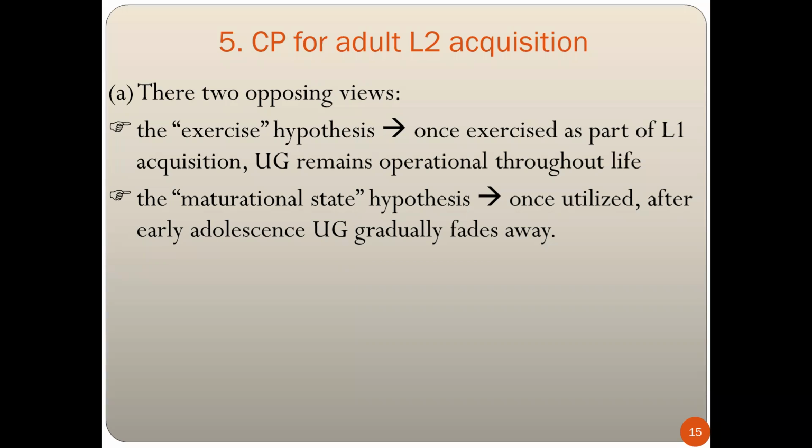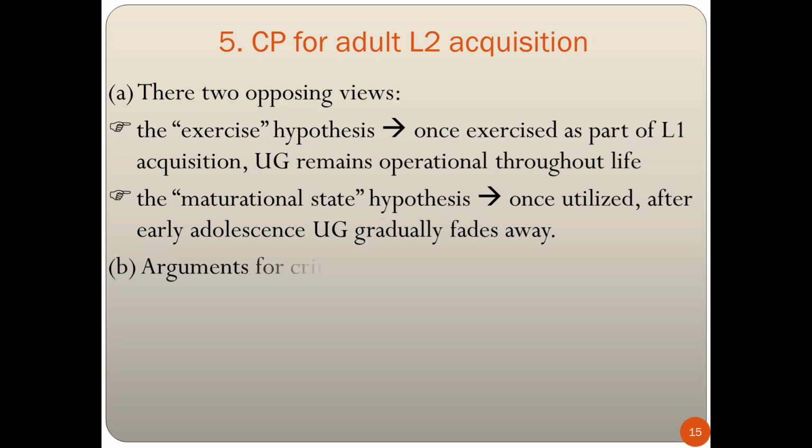And there is the other hypothesis that we call the maturational state hypothesis, which states that once utilized, universal grammar or this specialized language ability becomes irrelevant and gradually, after the onset of puberty, fades away.